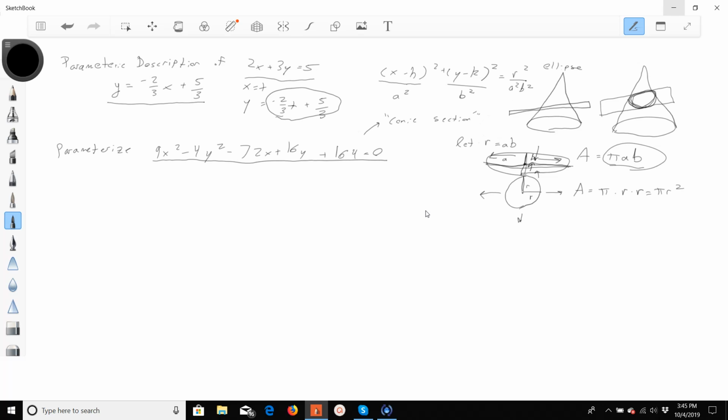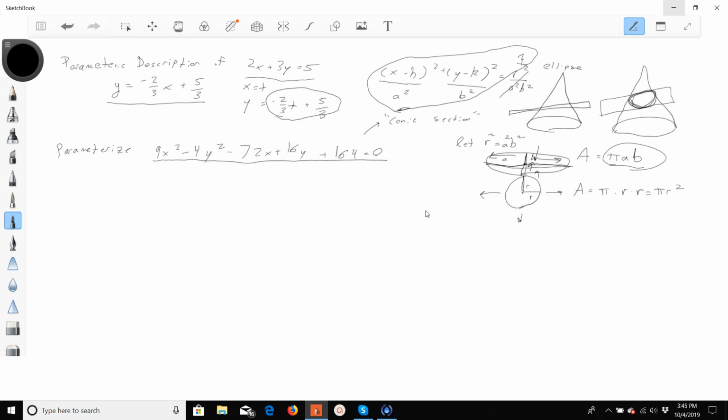But since R is equal to AB, R squared is equal to A squared B squared. So that just becomes 1. And that's your general equation for an ellipse: (x minus h) squared over a squared plus (y minus k) squared over b squared is equal to 1. I feel like I did a poor job explaining that, but there'll be another video on conic sections. That wasn't the whole purpose of this video.